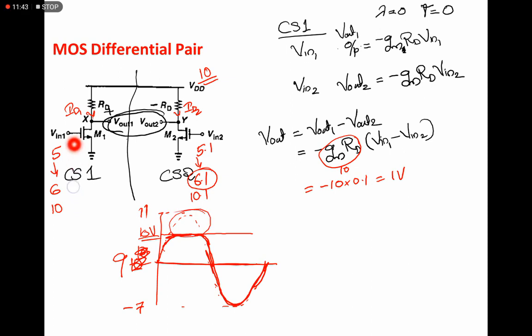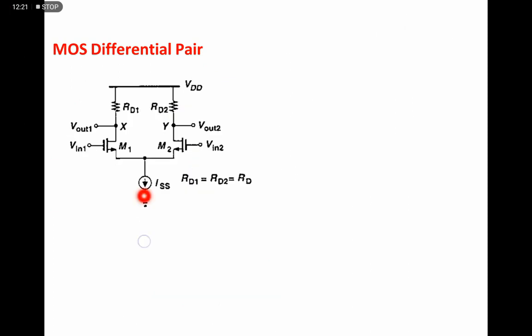If we vary the common mode signal in this differential amplifier, ID will vary, and that will vary the biasing of the transistor or the DC level of the output transistor, which may create clipping at some level. It may be in the positive level or maybe in the negative level. So to overcome that, keeping the biasing at a fixed level, or keeping the drain current constant irrespective of the common mode signal level, we are modifying the circuit like this.